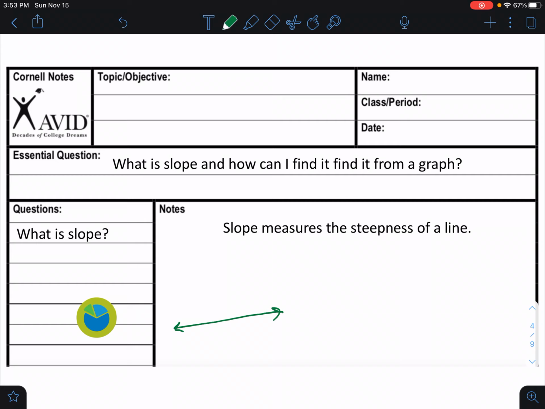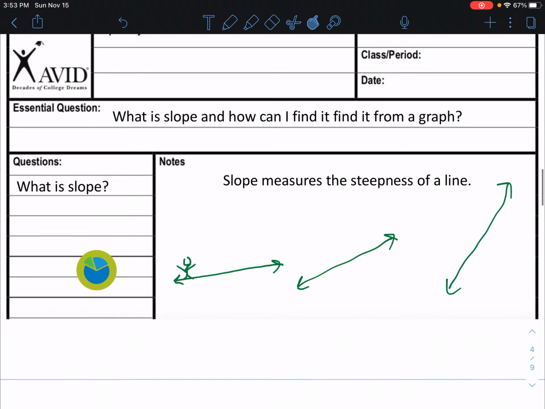If you were walking up that hill, that's not very steep. Now if you were trying to walk up this one, that's a little steeper. And now this is even steeper. So slope measures and assigns a number to that steepness.